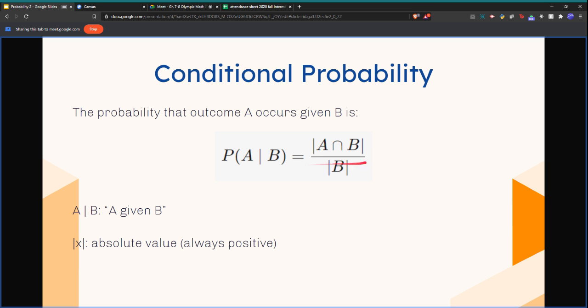And so in the fraction, in the numerator, we have A intersection B. So remember, A and B, or the probability of A times the probability of B. And all of that is divided by the number of outcomes of B. Right? Any questions about this? I think this might have been a bit confusing to you. Any questions?